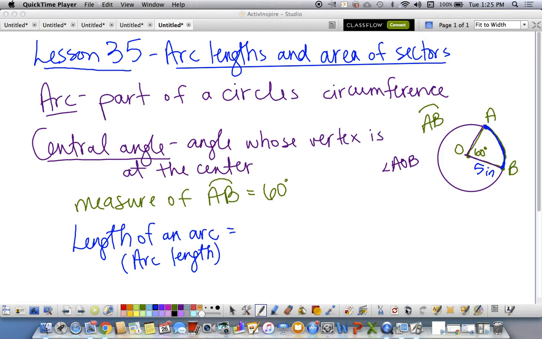Okay, yes. What else? It's not all of it. In math, we might say it's a fraction of the whole thing, right? So do we have a fraction of our whole? What fraction do we have?